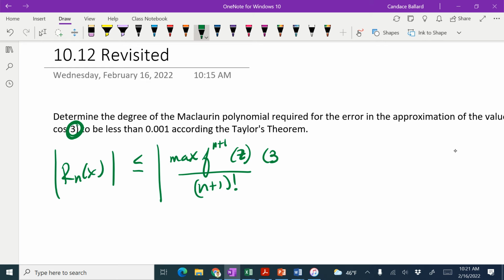And because this is Maclaurin, there's no about a c value, so our c value is equal to 0. So I'm going to use 0 there, to the n plus 1 power. And then they say they want that to be less than 1/1000th.